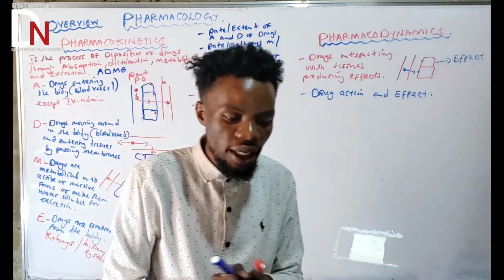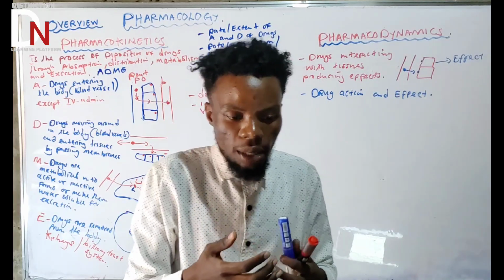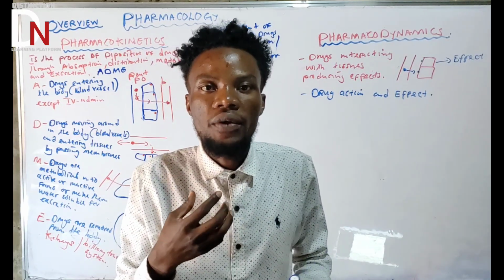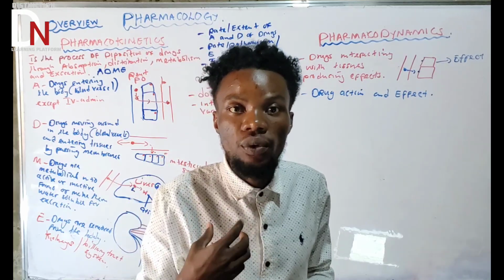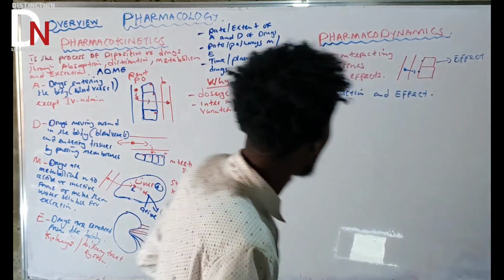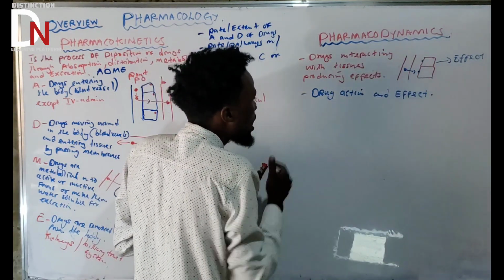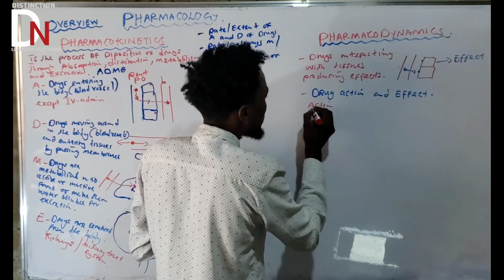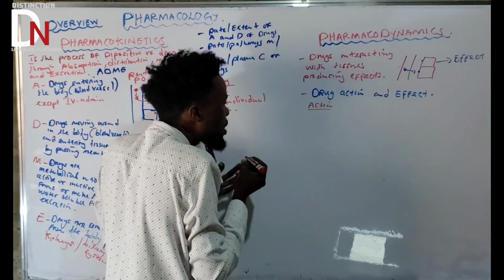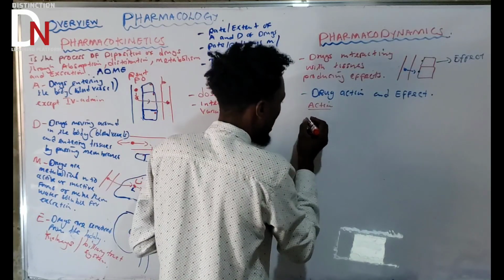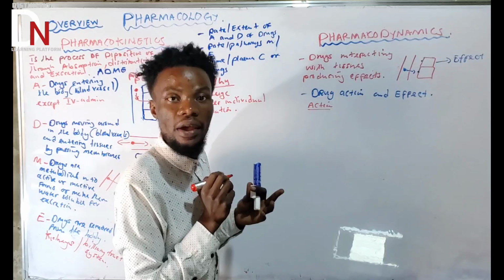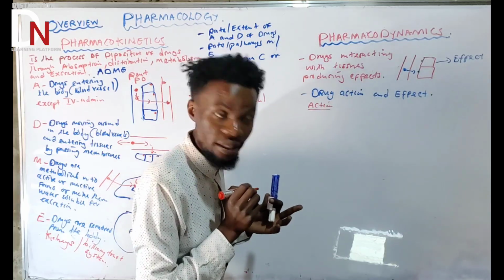Drug action, basically we're talking about how the drug is going to interact with receptors, producing a response. So let's say action. We're talking about how a drug is going to interact with specific receptors on those tissues to produce a response. A response is the effect.